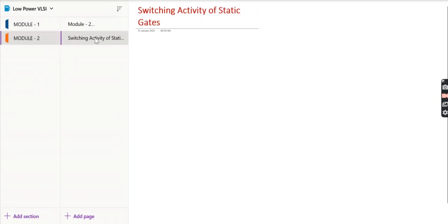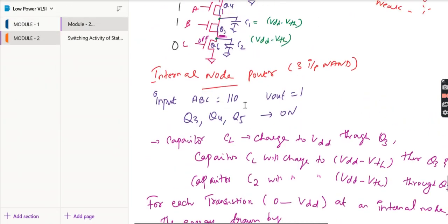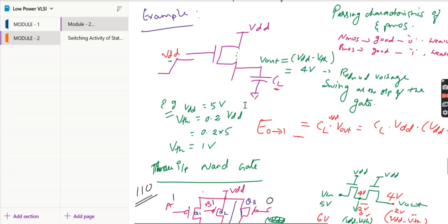Okay, so in the previous classes we started with the dynamic power dissipation, and we started with the switching power dissipation.